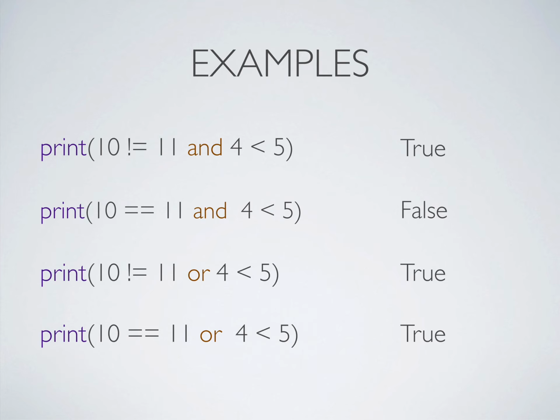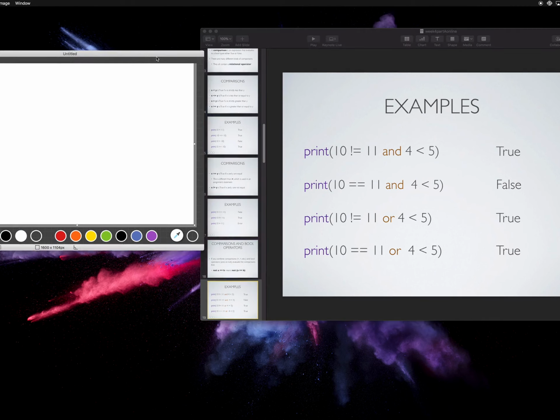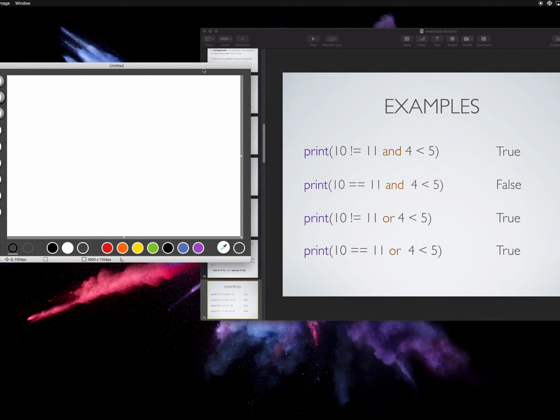Let's briefly go through these together, just to make sure we're all on the same page. So let's talk about this first one. We have 10 not equal to 11 and 4 less than 5.